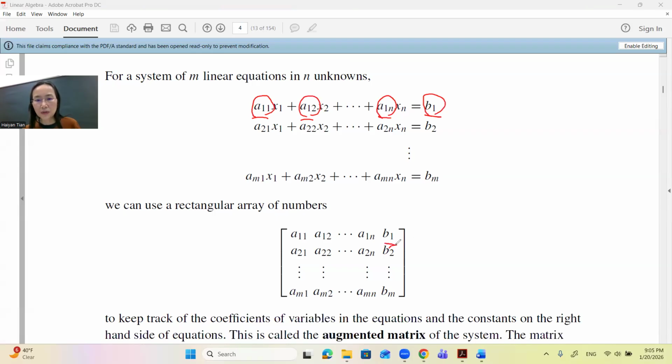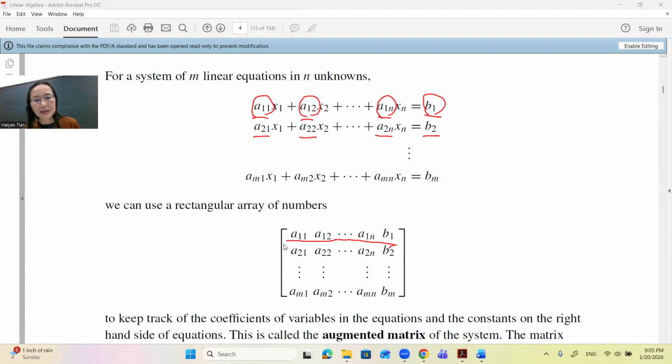Here is the first row of a rectangular matrix. And then next, just take out all the coefficients and also the right-hand side number.